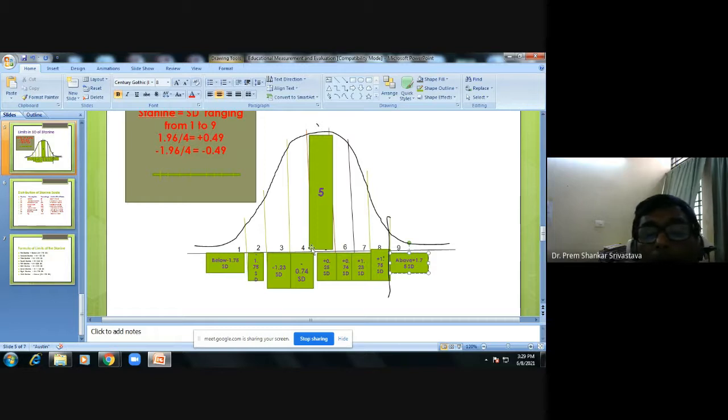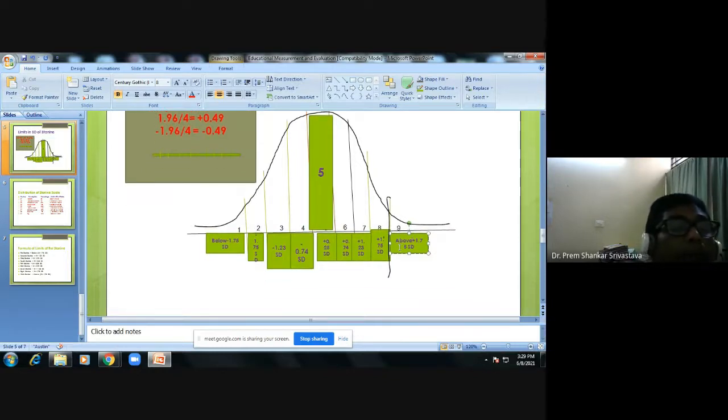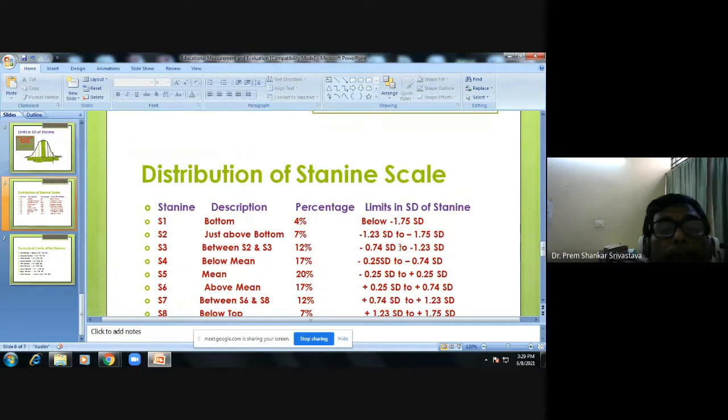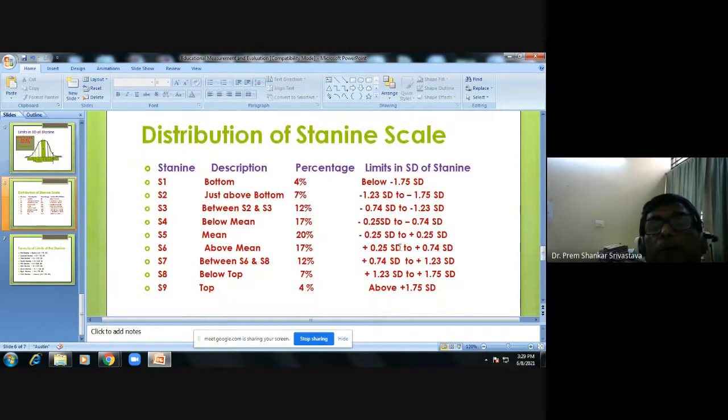So 1 to 9: first Stanine, second, third, fourth, fifth, sixth, seventh, eighth, ninth. That is the distribution of the Stanine scale, denoted S1, S2, S3, S4, S5, S6, S7, S8, S9, from 1 to 9.